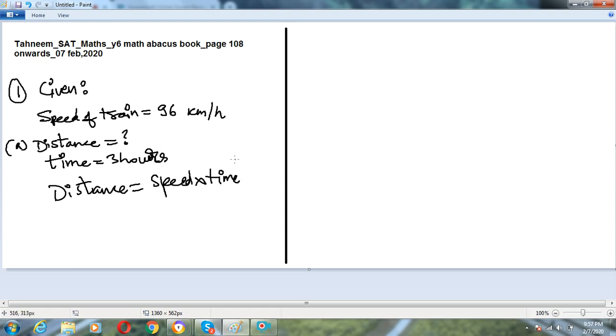Do you know this formula? You can use this formula, or we can do it by another method. There are two methods. One is this formula. We have to tell distance, so distance equals speed into time. Simple.